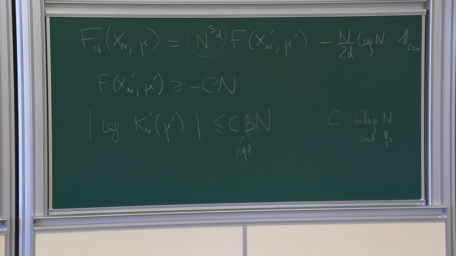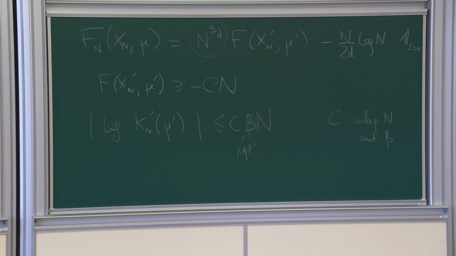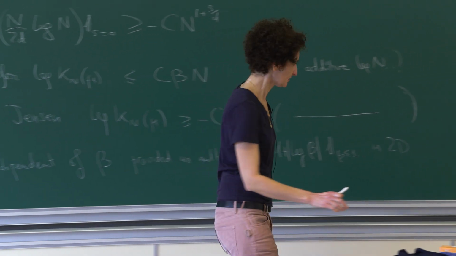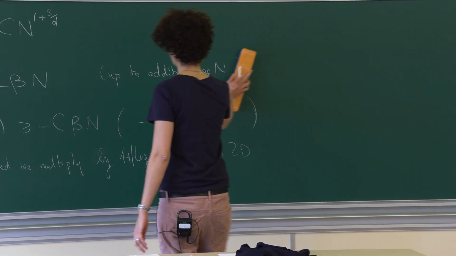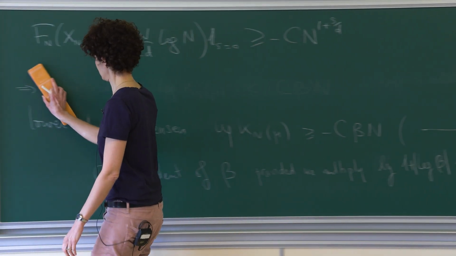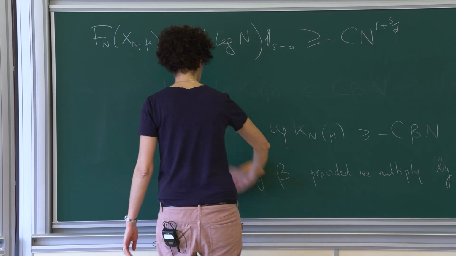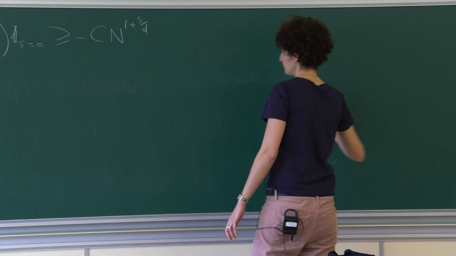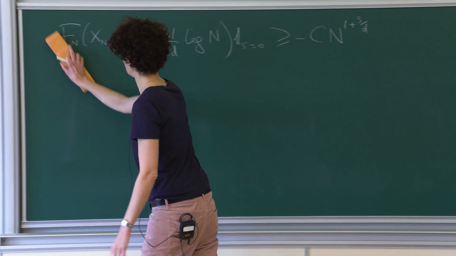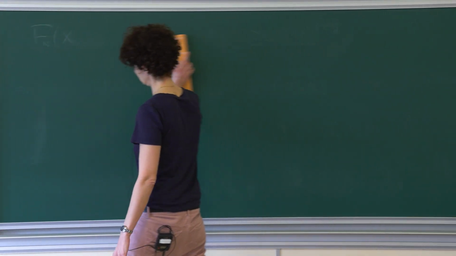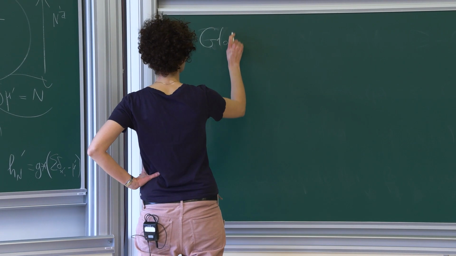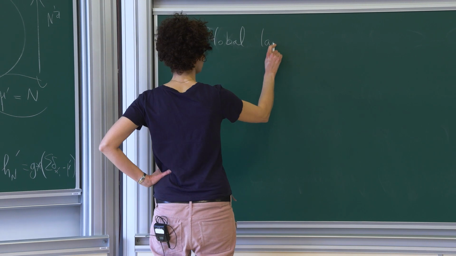So now you get an immediate, I would say, global law. From that, we immediately get some information about the typical size of the energy. So global law or concentration result.